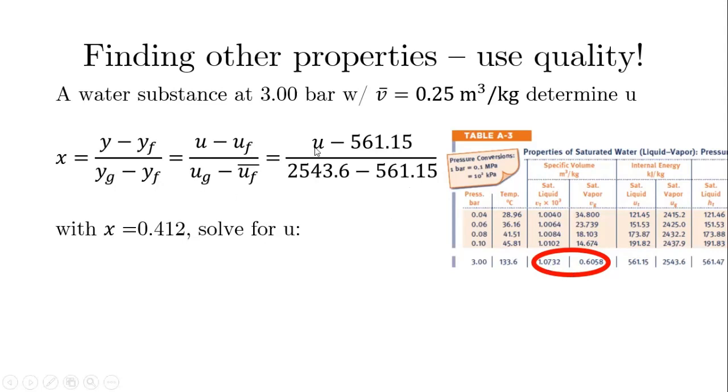I'll put them in and solve for U, knowing that X is 0.412. Then I find that U is 1377.9, using the units they have here, kilojoules per kilogram.